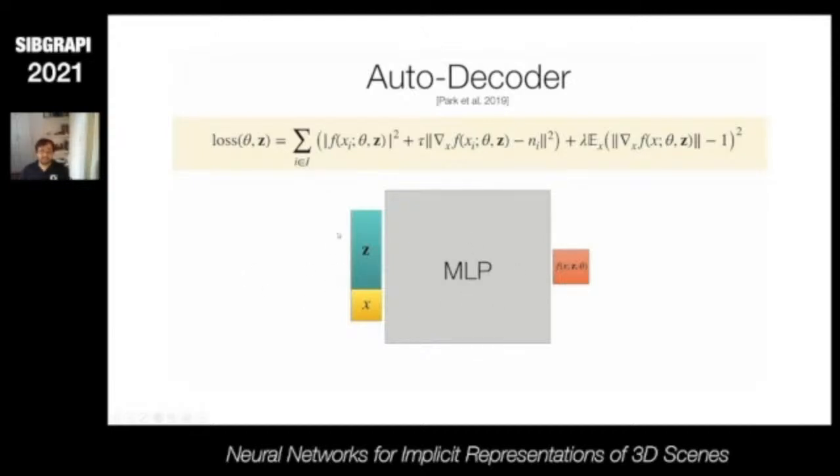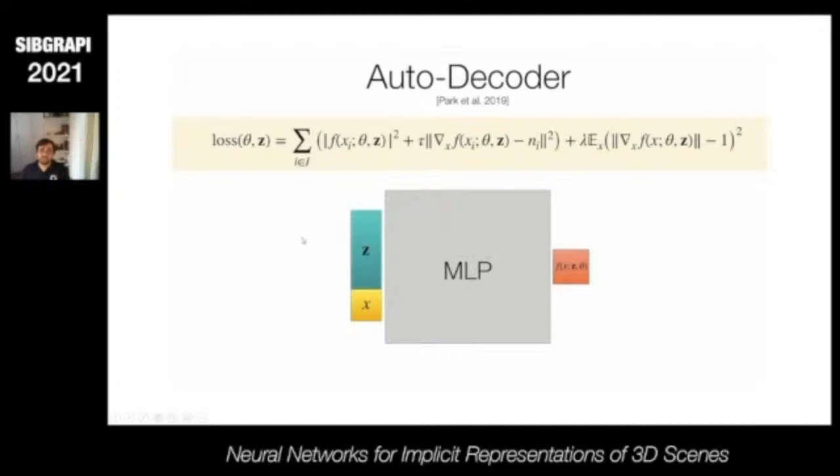Okay, a latent vector Z is concatenated to every shape in the dataset. Then, both the neural network and the latent vector are optimized in training to minimize the IGR loss.